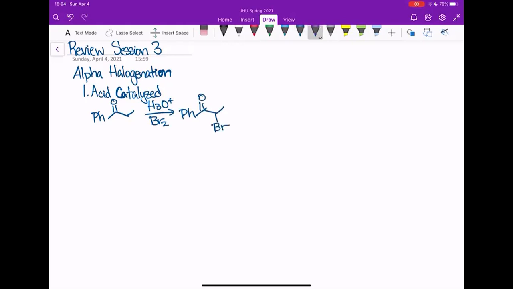Okay. So then just like normal acid mechanisms, you're going to begin by protonating your carbonyl. Okay. And then you're going to come in with some other water to grab this and send those electrons up.